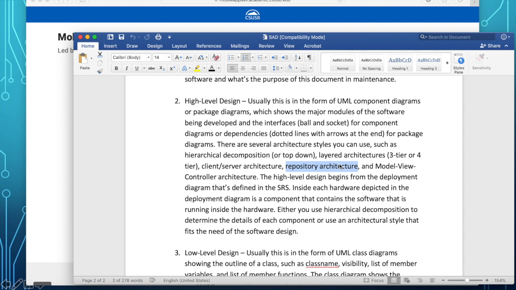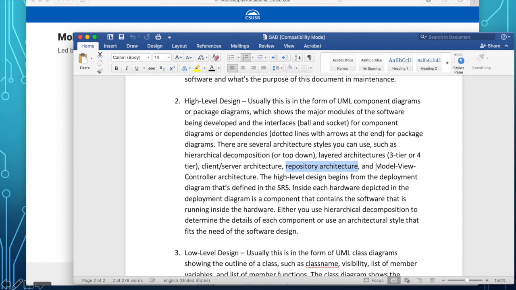So you store all the data structures in the repository, and it gives you all the service. Also very often used in database.